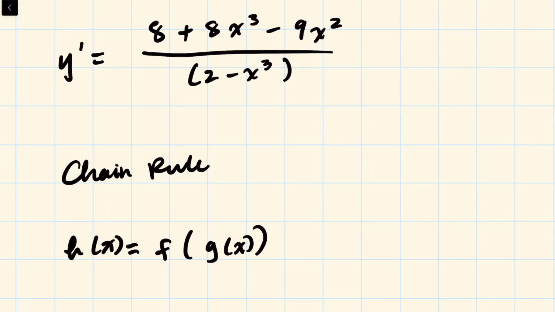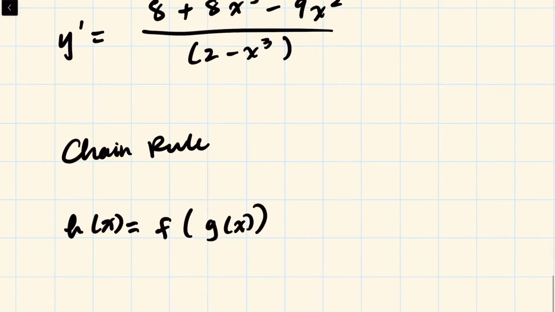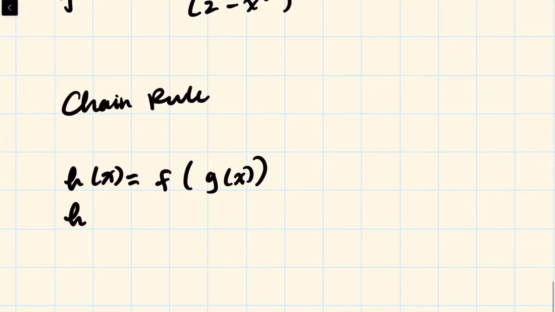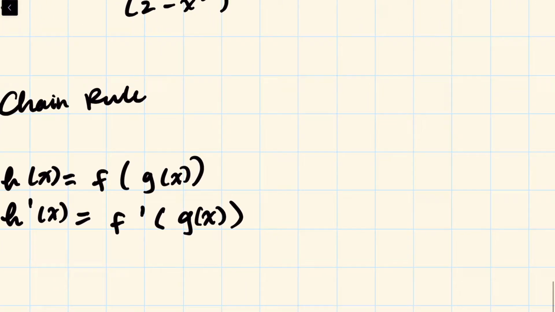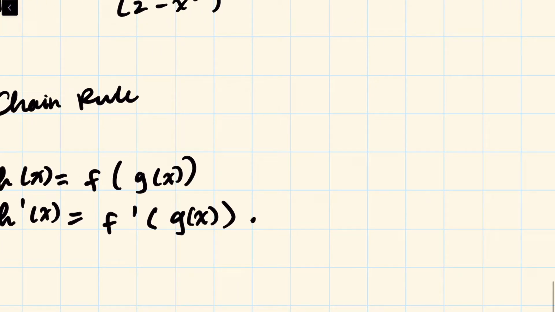So what the chain rule states is that the derivative is going to be f prime at g of x, and then that's all multiplied by the derivative of the inside, or g prime of x. Okay, if that makes sense.